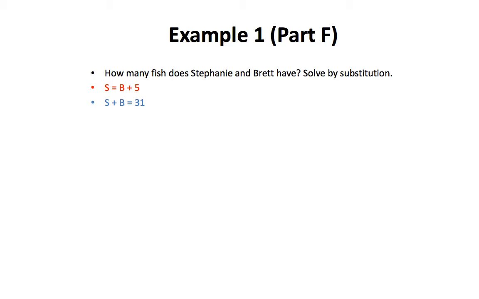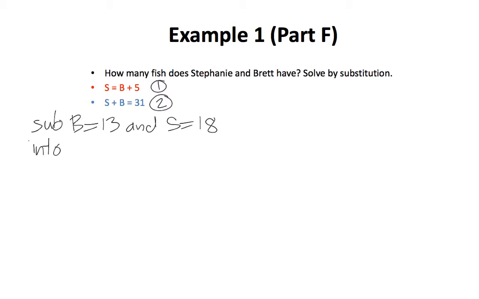Well, we're going to have to do a left side equals right side check for both of these equations. Don't forget, this is equation 1 and this is equation 2. I'm going to say sub B is equal to 13 and S is equal to 18 into equation 1.